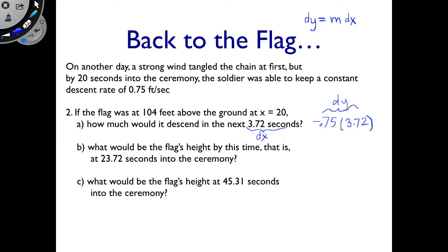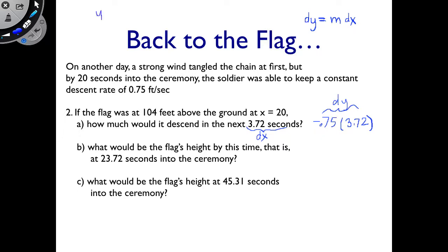So if I wanted to know what's the flag's height by 23.72 seconds, like by the end of that next 3.72 seconds, this is asking for a y final, right? What is the flag's height? Not how much did it change, but what is the height?